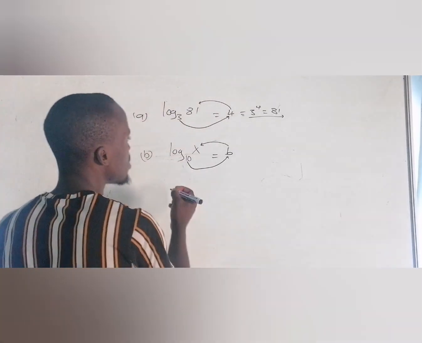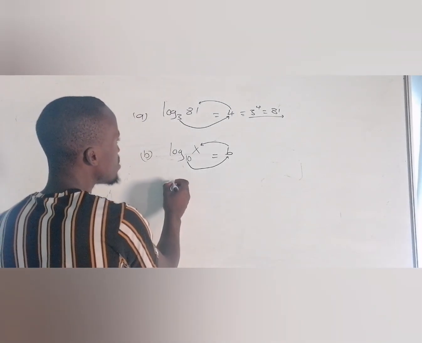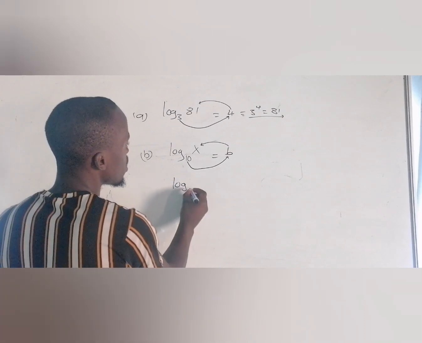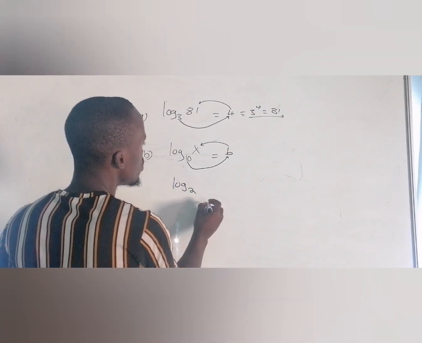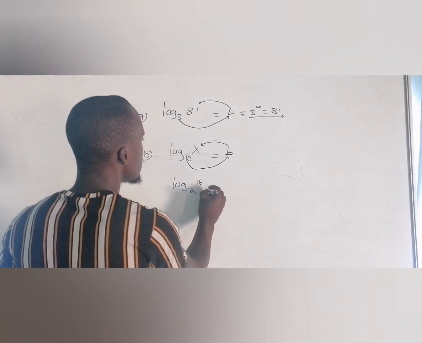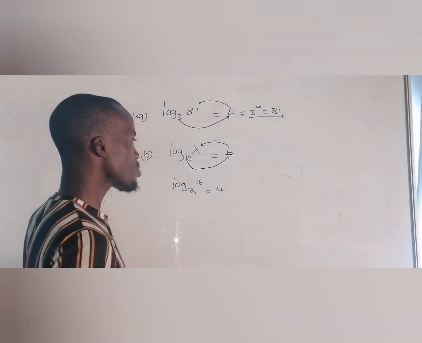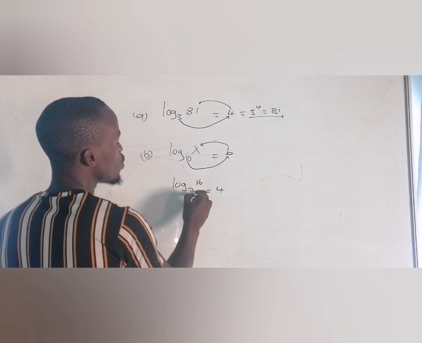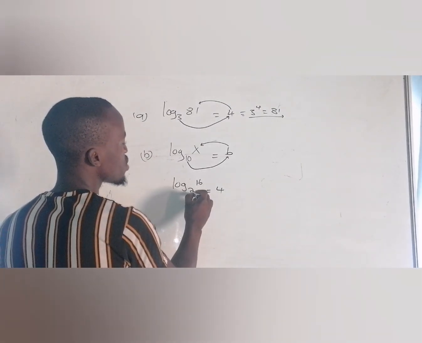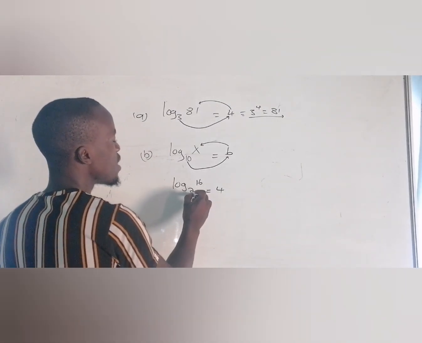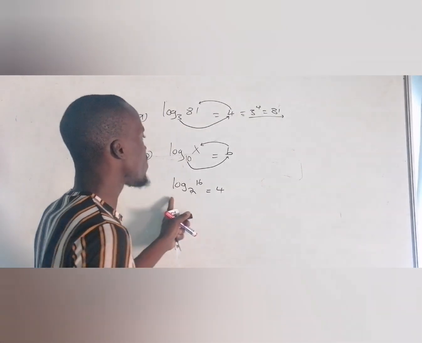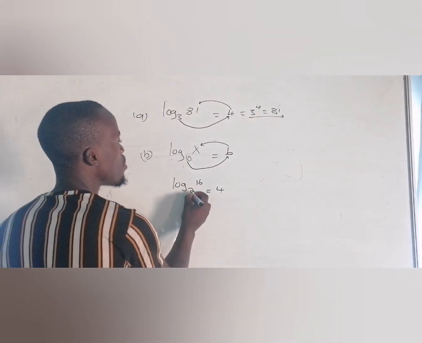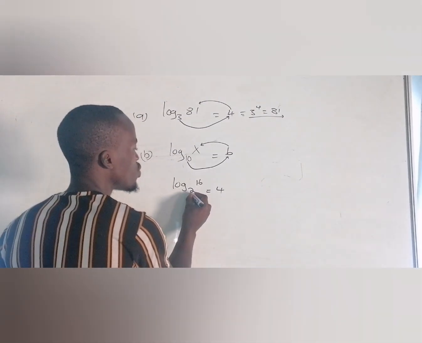Now you can be given something like log 16 base 2 equals 4. Then for you to convert this logarithmic notation or form to an exponential form, you have to do it like this.